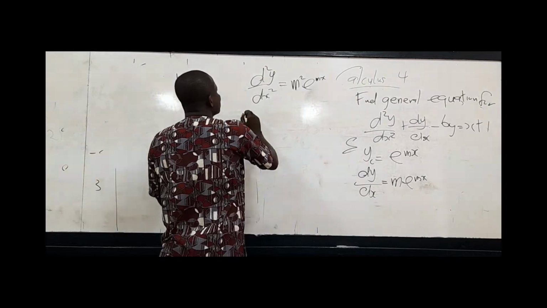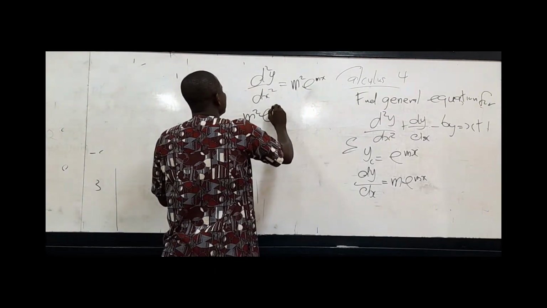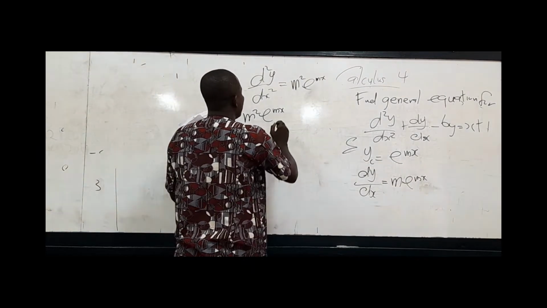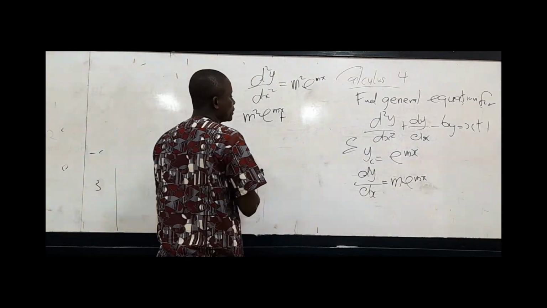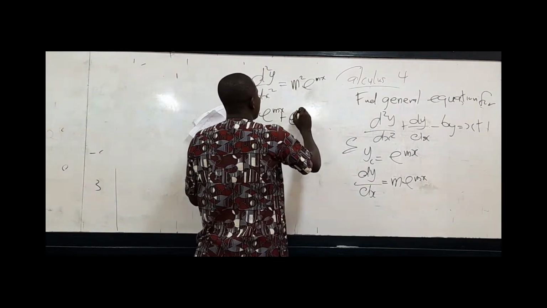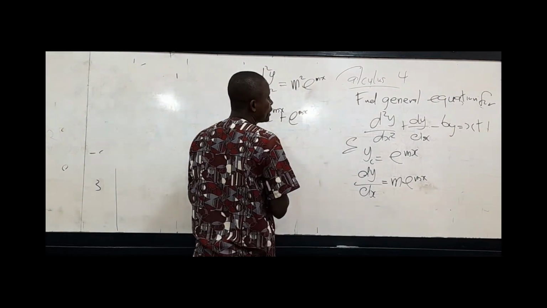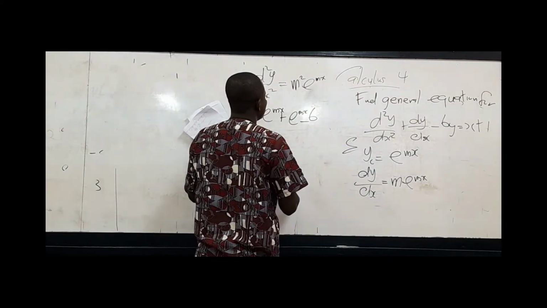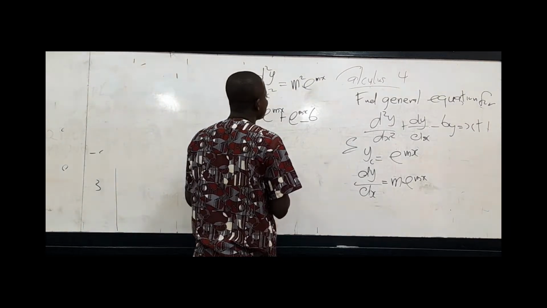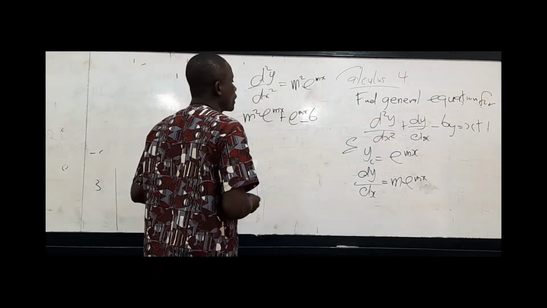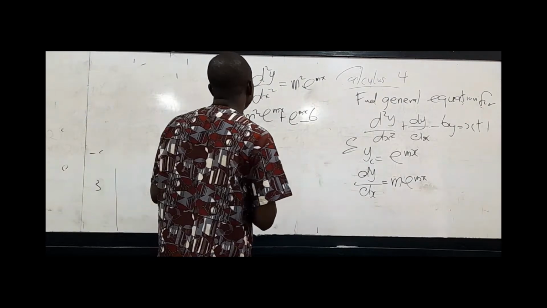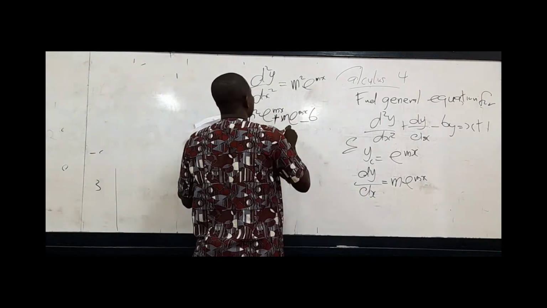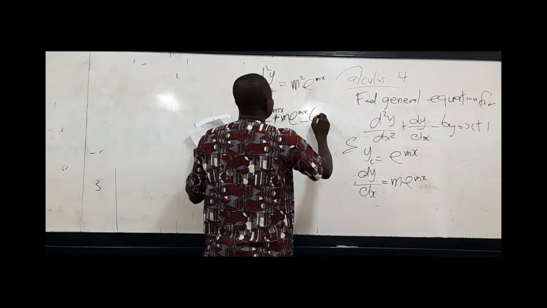So here we are having m squared e^(mx) plus dy/dx, which is m e^(mx), minus 6 times y, which is e^(mx).